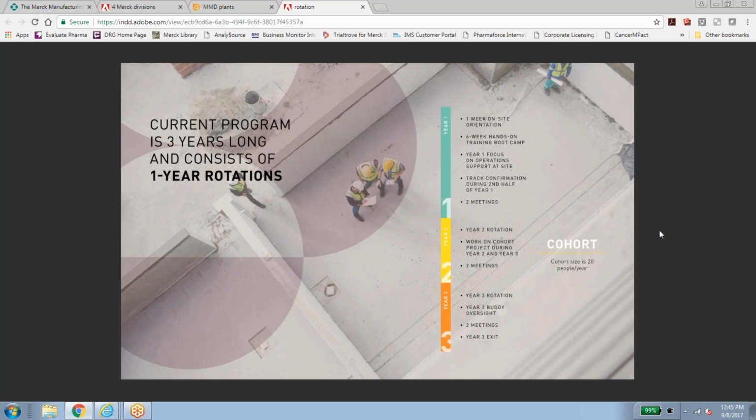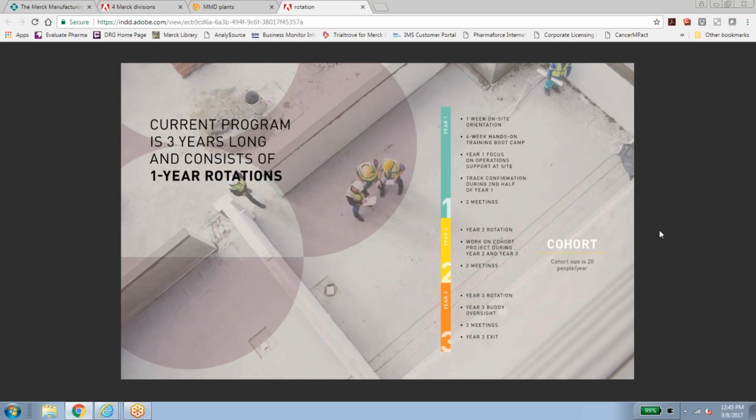I talked about track confirmation, so you have the ability to change your track during year 1 if you decide that you want to. And of course, we have our 2 biannual face-to-face program meetings during that first year. Going into year 2, I think the biggest difference that you will see is that you will start work on your cohort project. So as I mentioned, every cohort is 20 people across the globe.